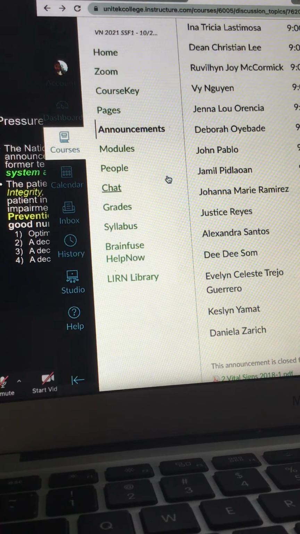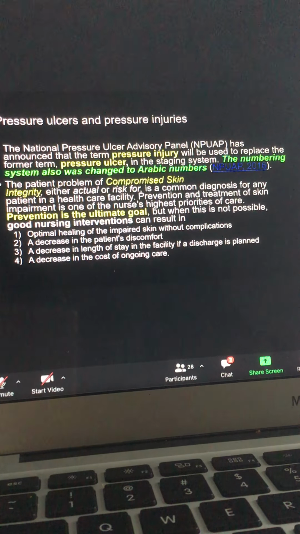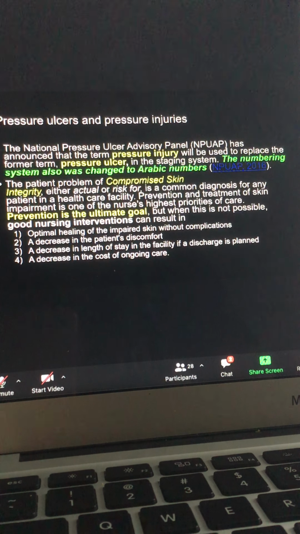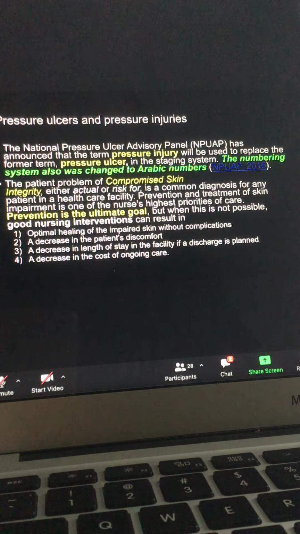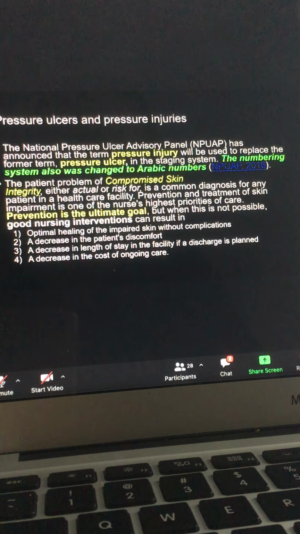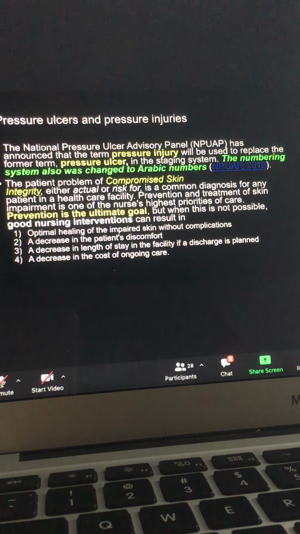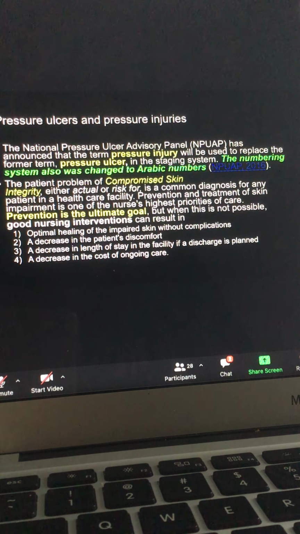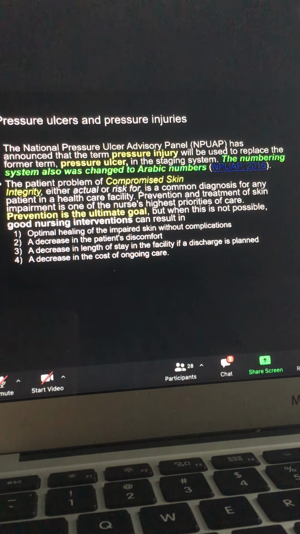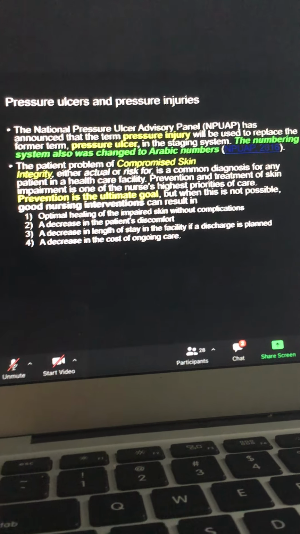But in real practice, pressure ulcer is still a very commonly used term. We're trying to deviate from using the term, especially in the aging system of a pressure related injury. Because if you think about it, what does the word ulcer mean?